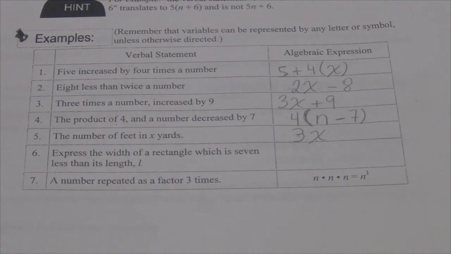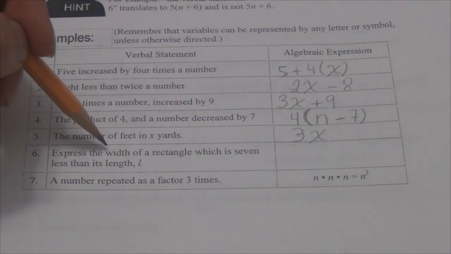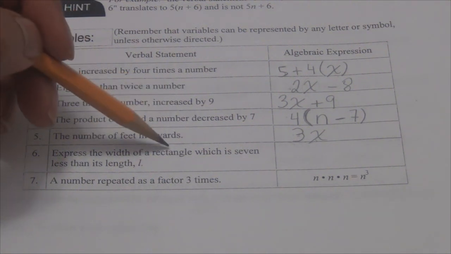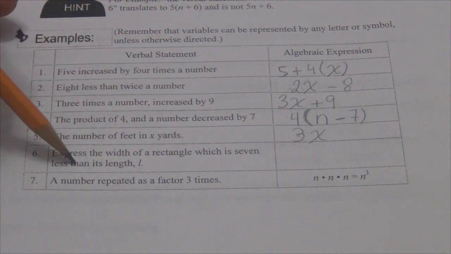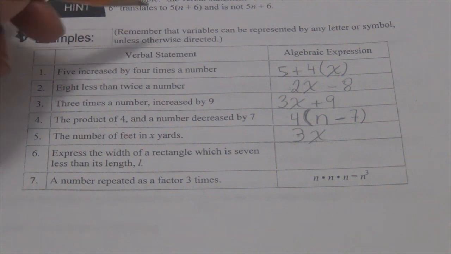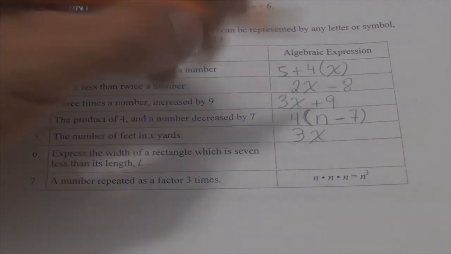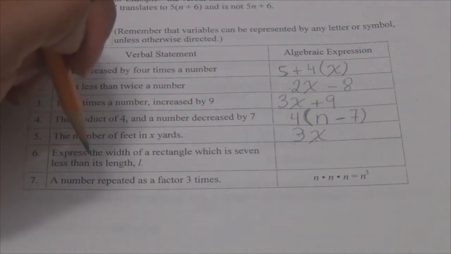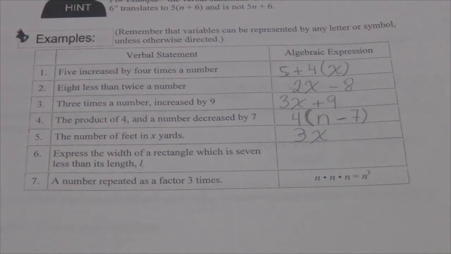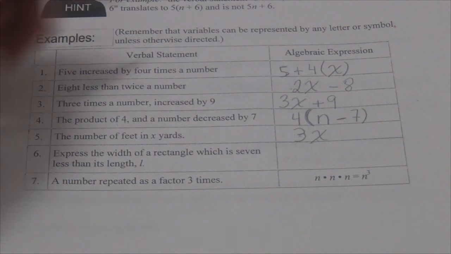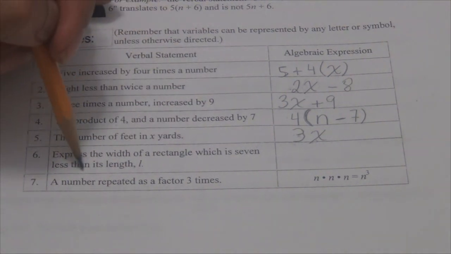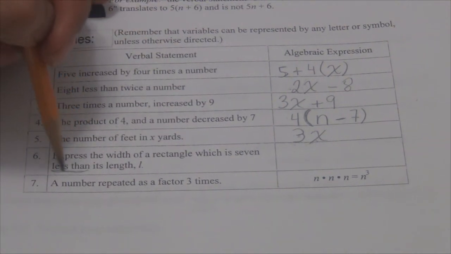All right. Now, express the width of a rectangle which is 7 less than its length. Okay, the width of the rectangle is 7 less than its length. How in the world am I going to represent that? Wait, hold on a second. I remember saying something about the words less than.